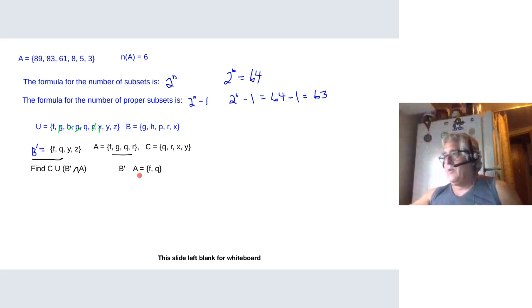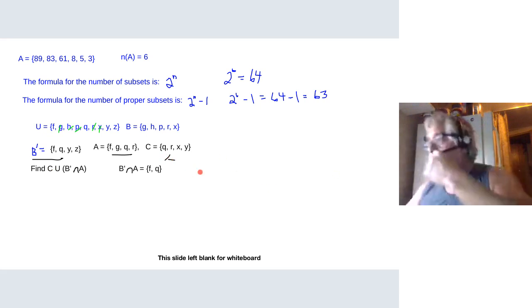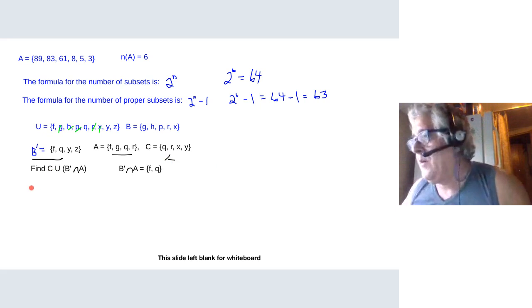So now I got to take this and join it with C here, and that will give us the union. In other words, it's the whole thing here.